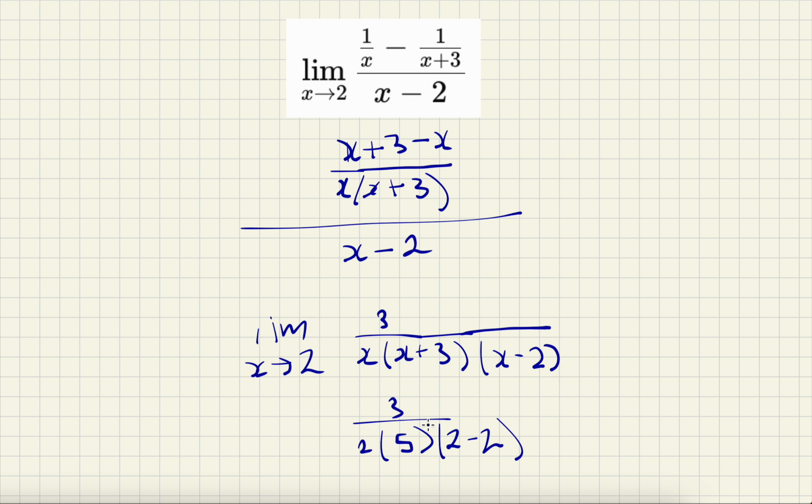So 3 over 0. And we know that any constant that's not 0 divided by 0 is simply undefined, or does not exist. Remember, any constant that is not 0 divided by 0 is always undefined. It needs to be 0 over 0 to be indeterminate.